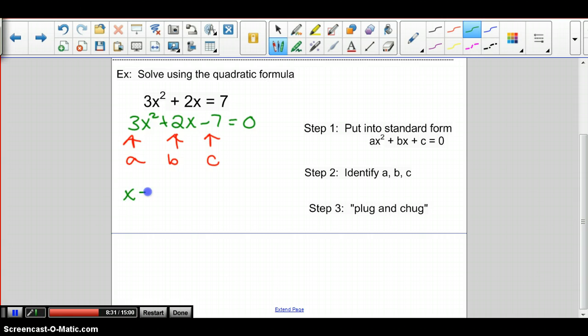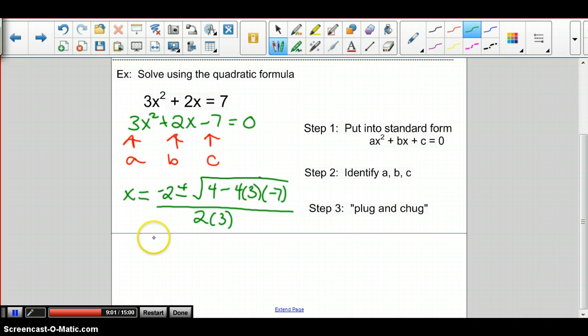So we have x equals minus b, so we have negative 2, plus or minus the square root of b squared, and I'm already just going to square that, so 2 squared is 4, minus 4ac. Don't forget that negative sign. It's a very common error. All over 2a, so 2 times 3.